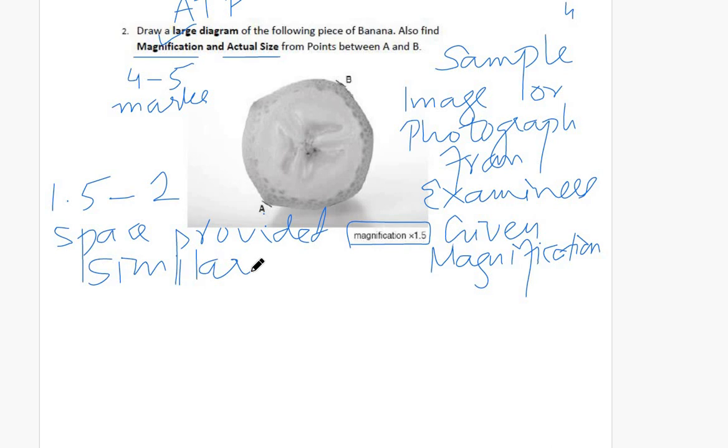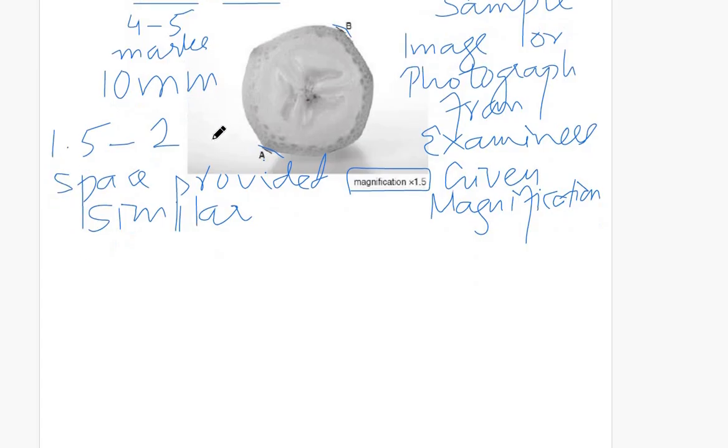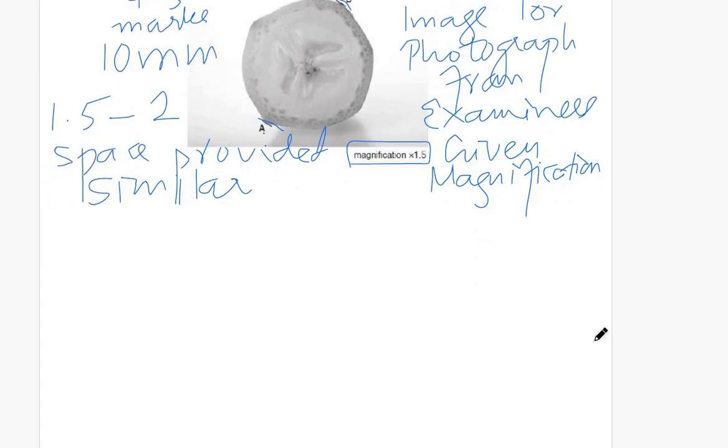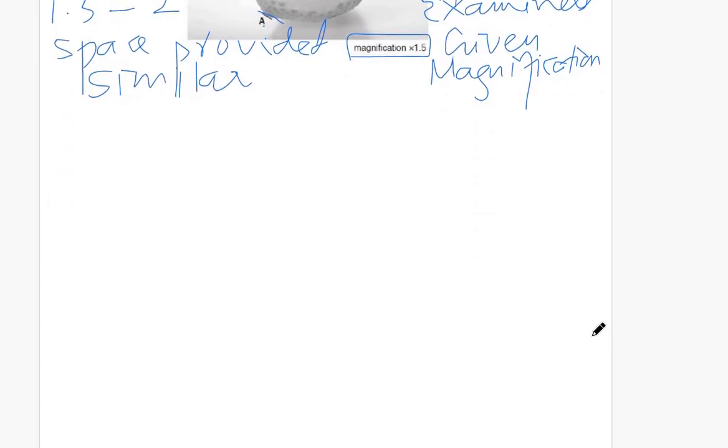For example, if the length of this A to B is 10 millimeter, the students are recommended to make the drawing of length between A to B at least 15 or better 20 millimeter large.